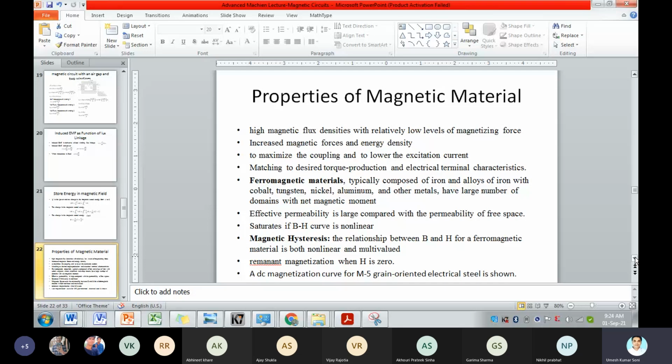Also in AC machines laminations are required because there are eddy currents. So different applications require different properties of magnetic materials.